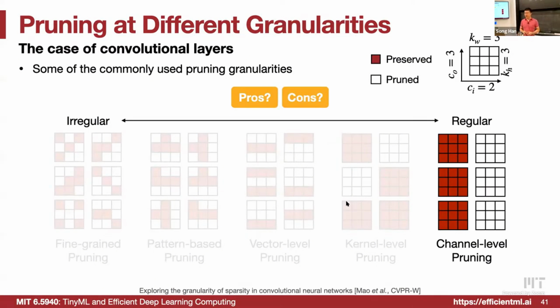Okay, so we can also do this channel level pruning. We omitted the middle 2 figures since they follow a similar principle. We are just getting more and more regular, but with less and less degree of freedom. The extreme case is the channel pruning, where we are pruning away the entire channel.